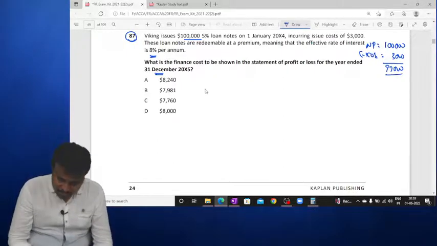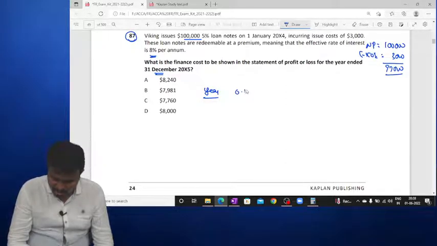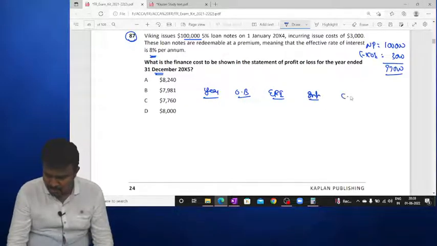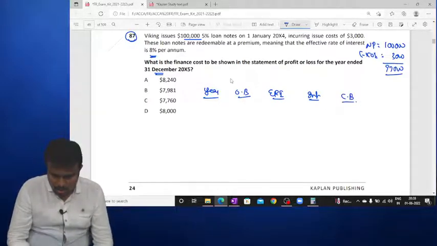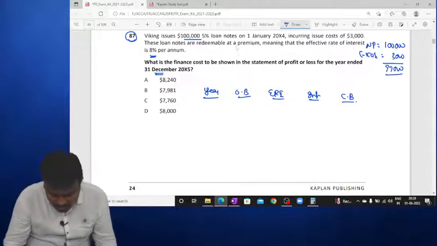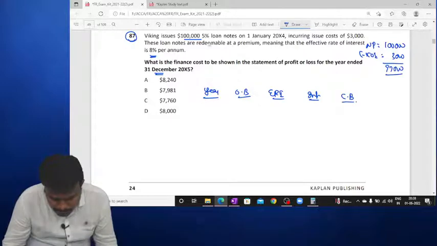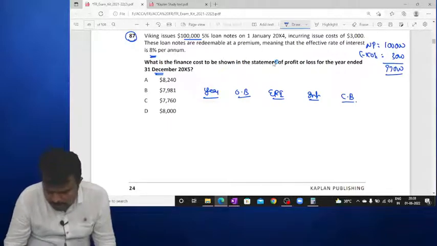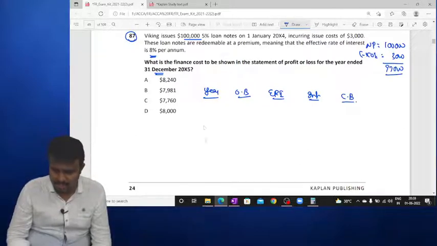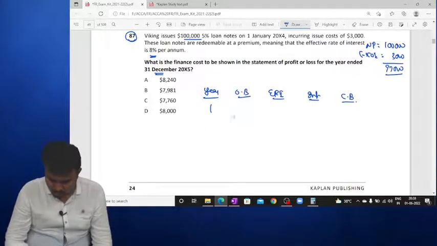So we recognize them at 97,000. Then if you draw the amortization table, here are the opening balance, effective rate of interest, interest paid, and closing balance. How many years are there? What is the lifespan here? There is no lifespan, so we can just consider 1 year. The amount to be recognized is 97,000.